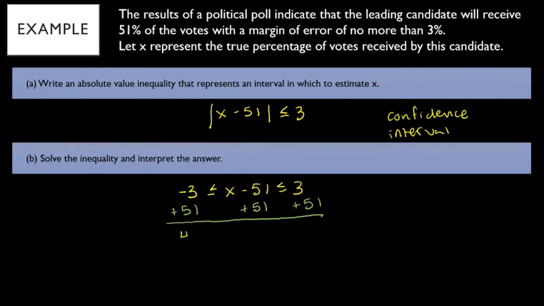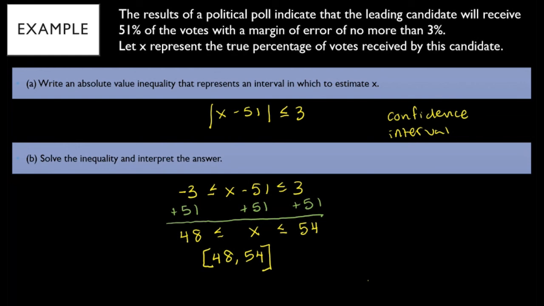So 51 minus 3 is 48, which is less than or equal to X, which is less than or equal to 51 plus 3, which is 54. So that's our inequality. If we were to put this in interval notation, it's 48 to 54 in interval notation.